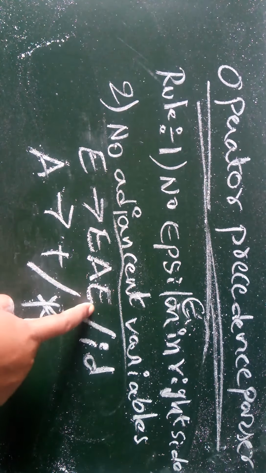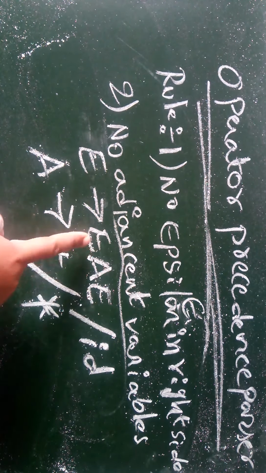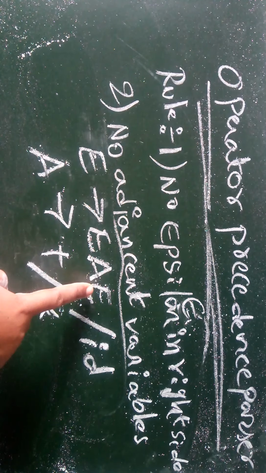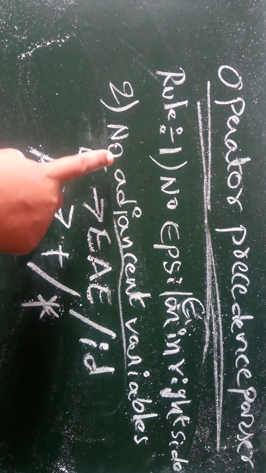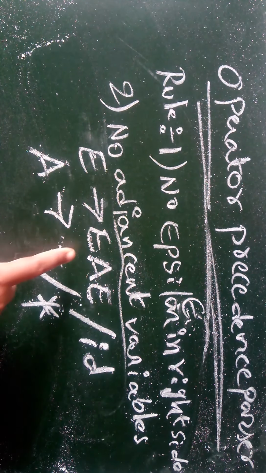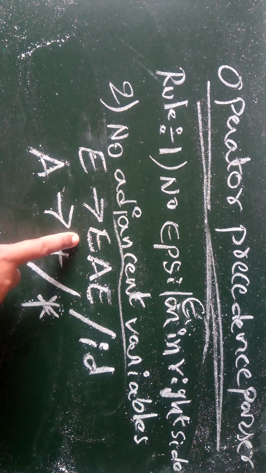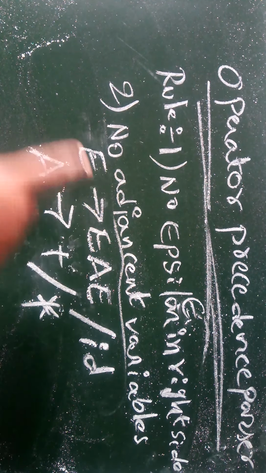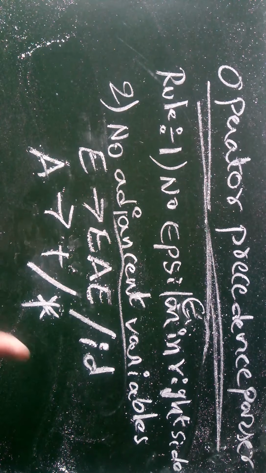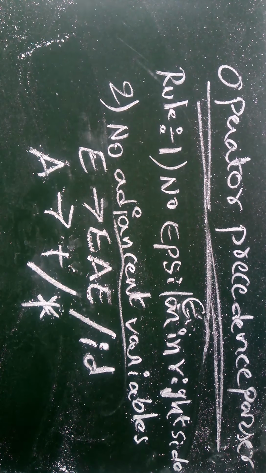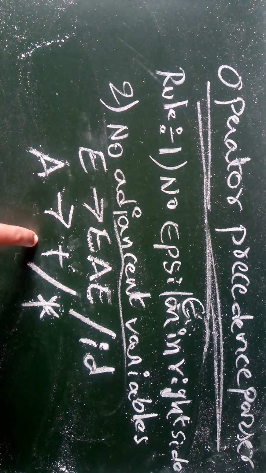So here the first rule is no epsilon. There is no epsilon on the right hand side. Rule 1 satisfied. Coming to rule 2, no adjacent variables. Here the variables are adjacent, side by side. So the second rule failed. So this is not an operator grammar.